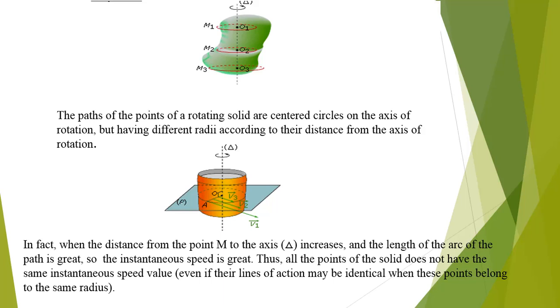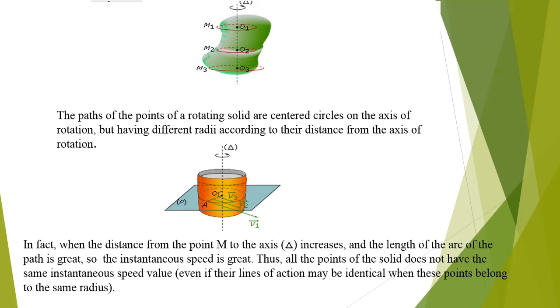So, if we have many points, or 3 points for example, of a solid in rotational motion, the instantaneous speed, the value of velocity, is not the same for all points, since the position of the point is taken into consideration.